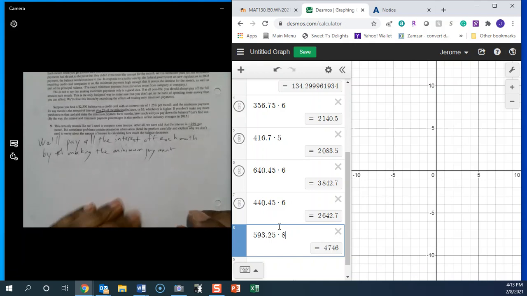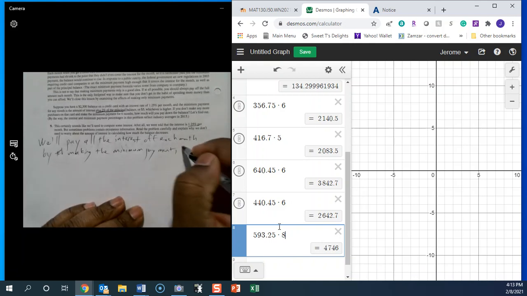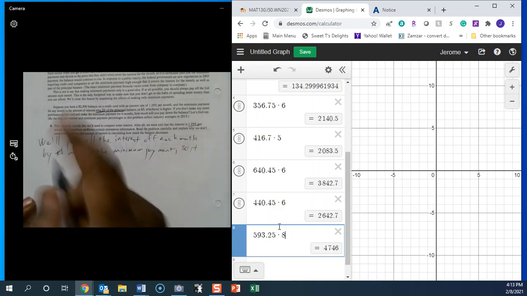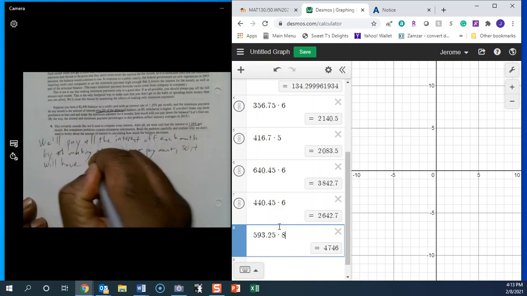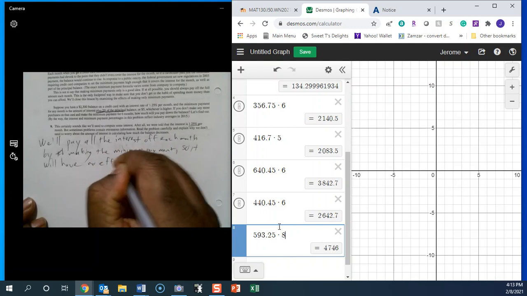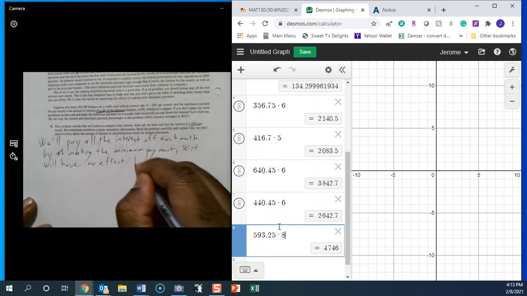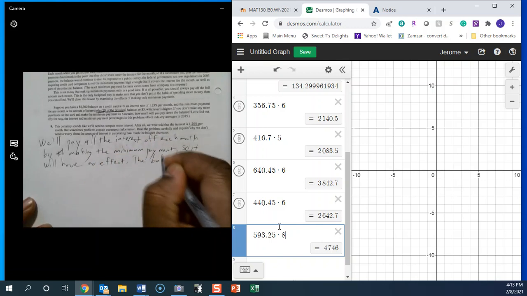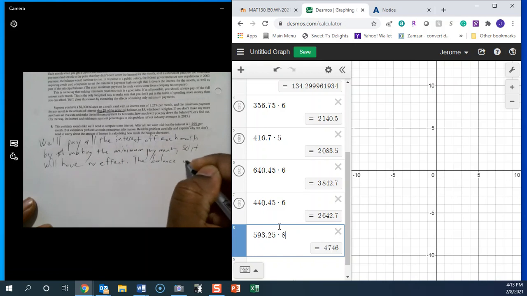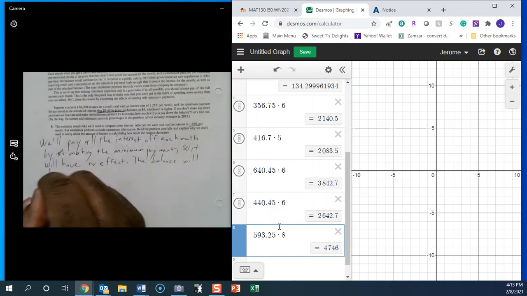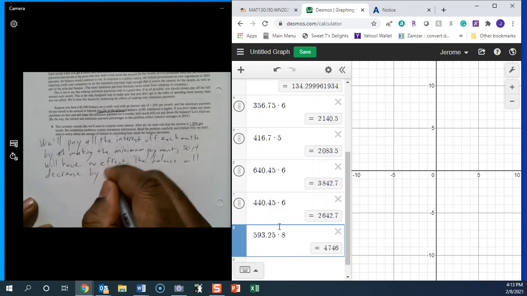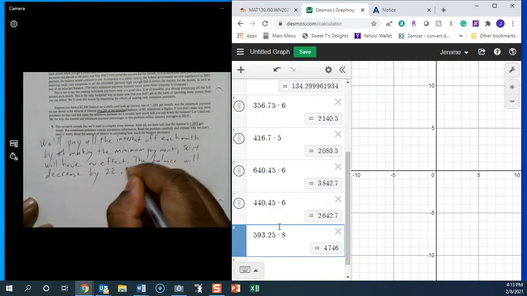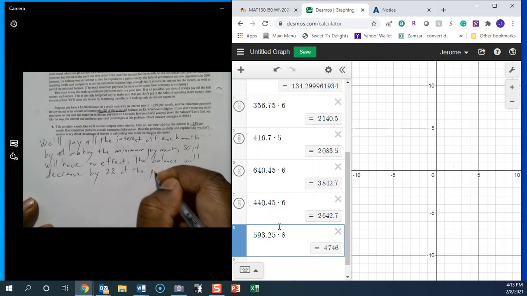Okay, now, so it will have no effect. The balance will decrease by 2% of the principal.